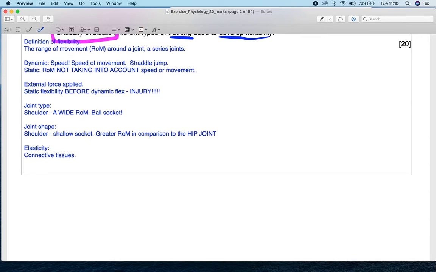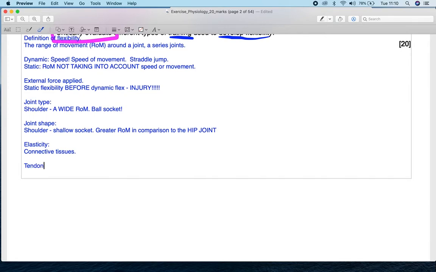But in this instance, if we were to explain the factors that affect flexibility, we need to think about the tendons, the ligaments. Okay, I'm just going to type these on here for you. The tendons, the ligaments, even when we look at the structure of the actual muscle itself, you've got the epimysium. I don't know if I can spell this. Mysium. You have got the endo and the peri.